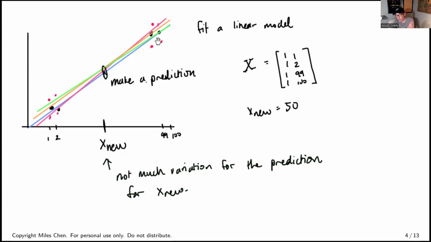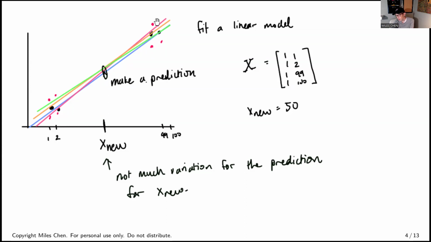You take a sample of data. You get a measurement of x at 1, 2, 99, 100. And maybe you get different dots, because there's random noise. Maybe you get this dot up here and that dot over there. You fit your line and you get something else, maybe the green line.